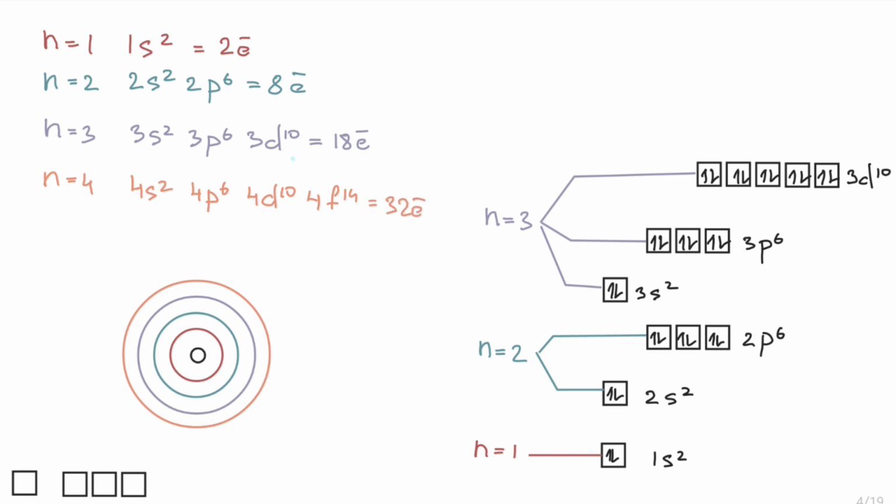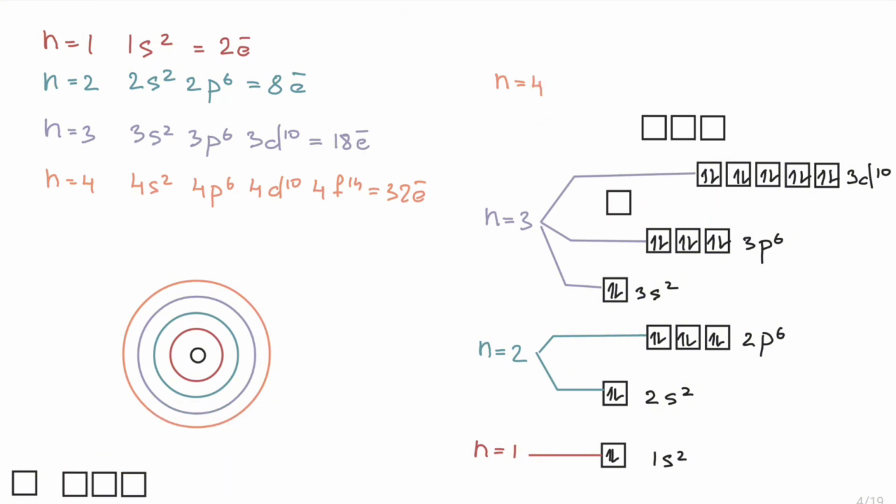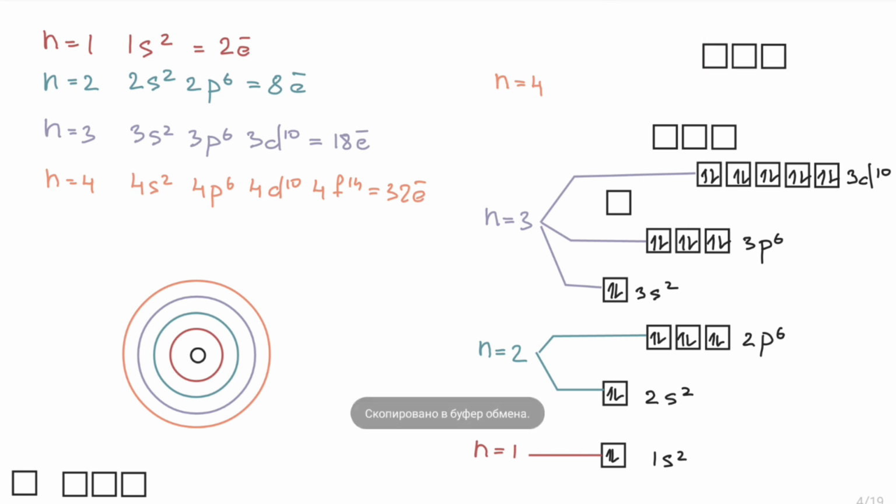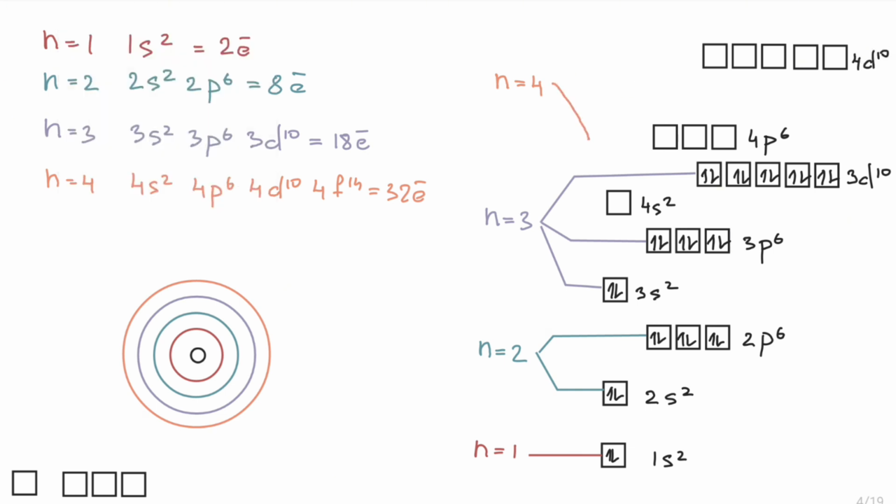And on the fourth energy level you will find s, p, d, f orbitals that altogether will hold 32 electrons. And what is interesting here is that the s orbital of the fourth energy level, which can hold only 2 electrons and has a spherical orbital, will be lower in energy than the 3d10 orbital.